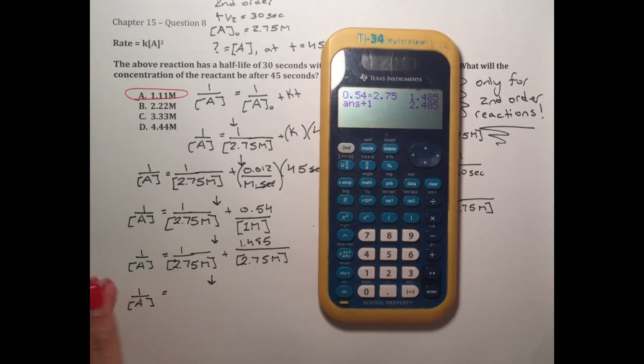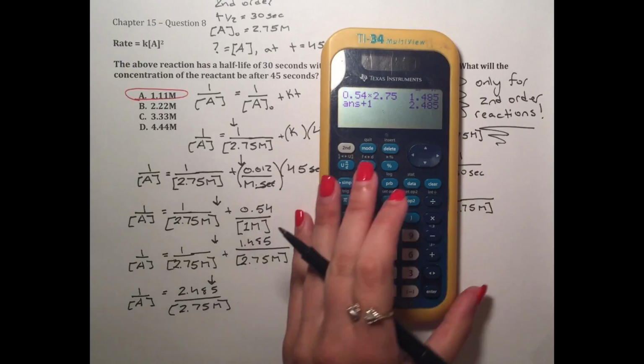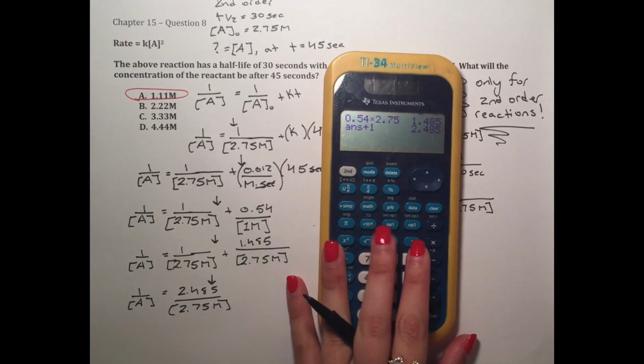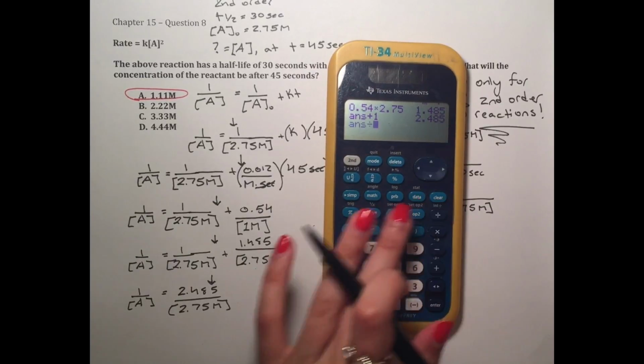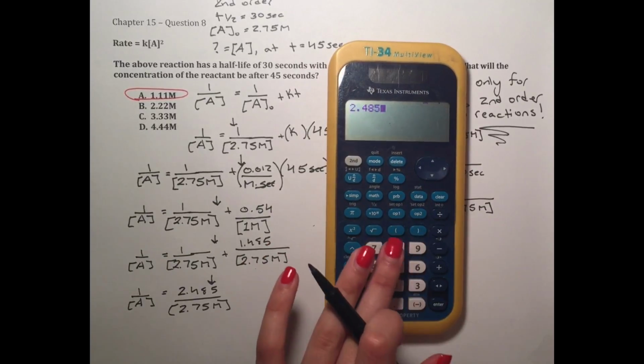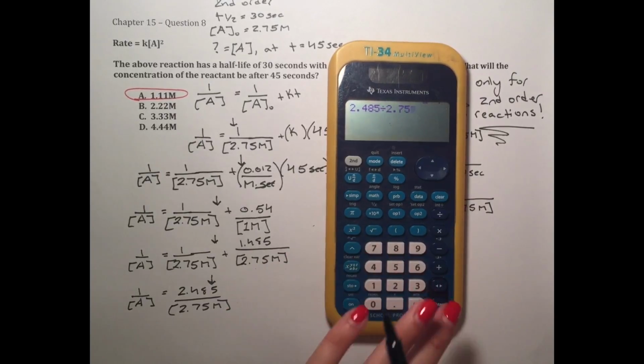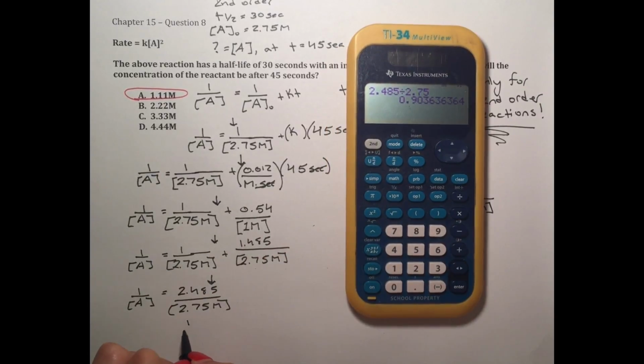Okay, so just adding our numerators together, we have 2.485 over 2.75 molar. And from here, we can say we have 2.485 divided by 2.75, which will give us 0.904 over molar.